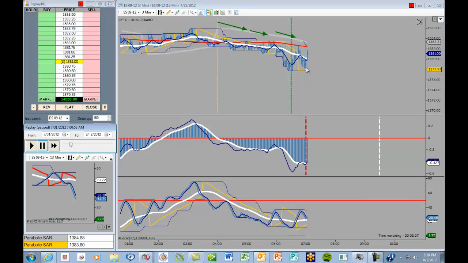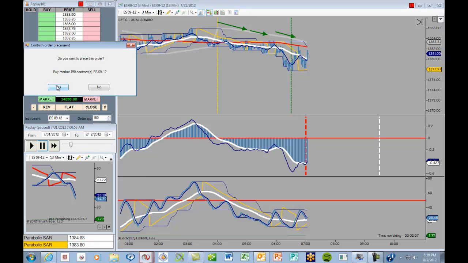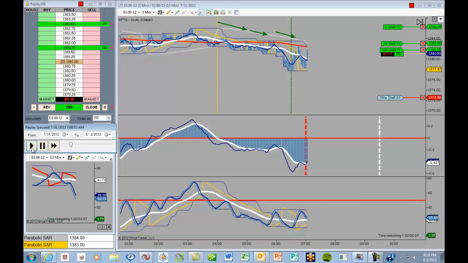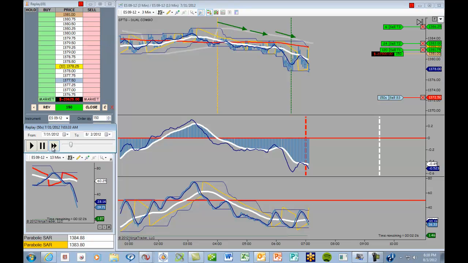Well, actually, no, it isn't divergence, but it is a 1, 2, 3 bottom. And let's just see what happens if we go along here. Yeah, we're going to go in the hole a bit, looks like.